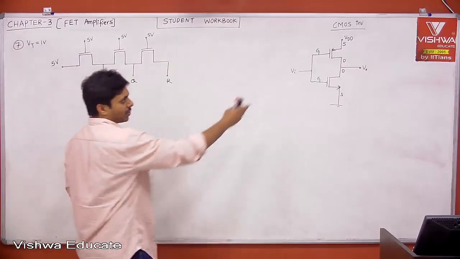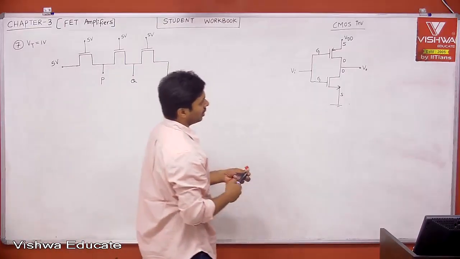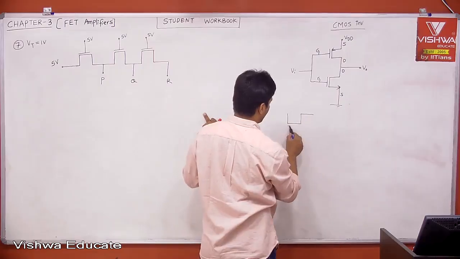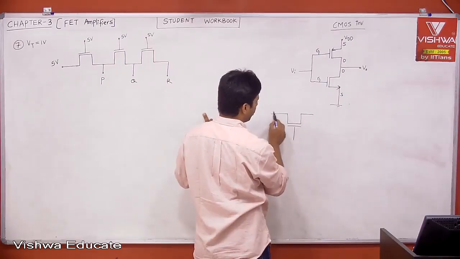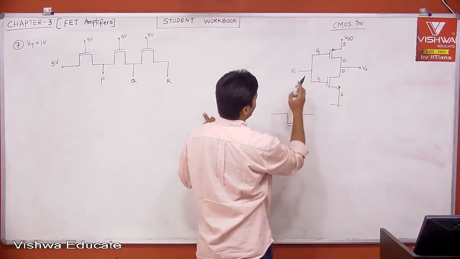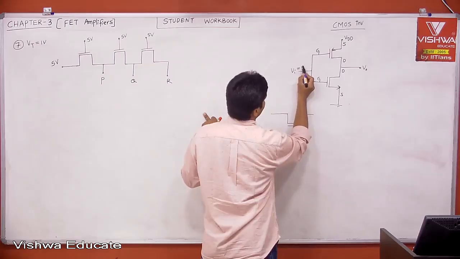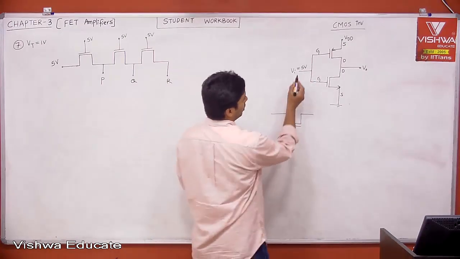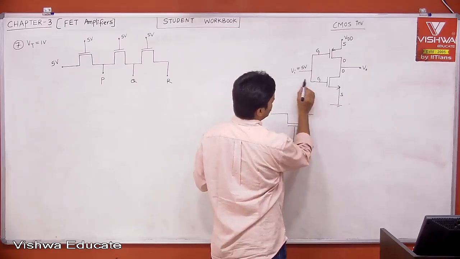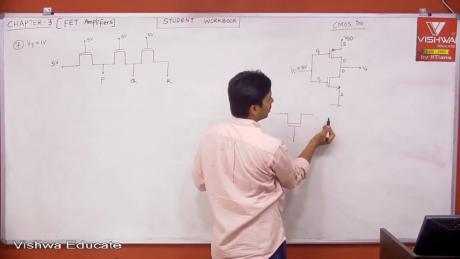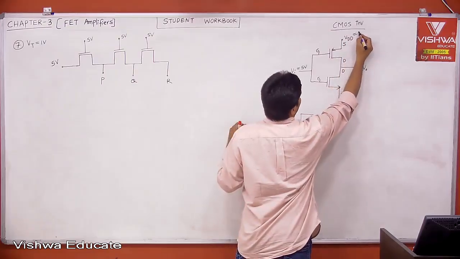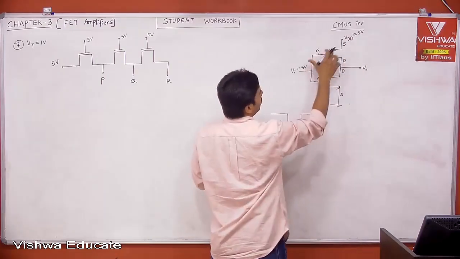Now the same thing, let me take just to explain. The same transistor I am just taking like this. Now I am giving, let us say, Vi equal to 5 volt. If you think from the CMOS inverter perspective, when input is equal to 5 volt and this is 0, your VGS is maximum, then it is on. Let us say this is 5 volt, then 5 volt and 5 volt, VGS is 0.